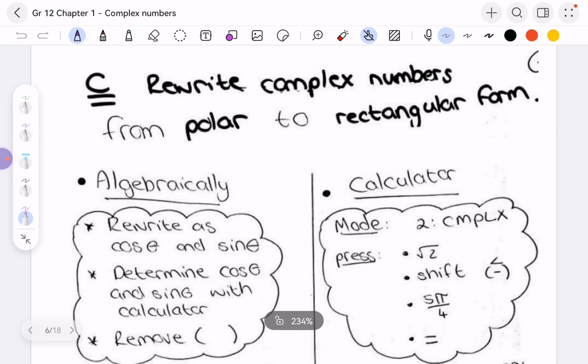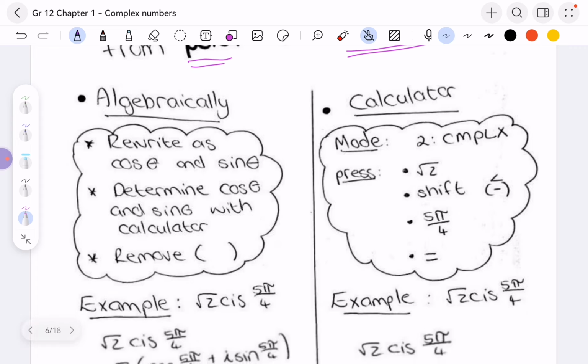Last one is to go from polar back to rectangular. On your calculator, we're still in complex mode. I'm going to press the square root 2, and then I'm going to say shift. There's a button that looks like this. It says RCL. Shift above the RCL, there's some funny button.